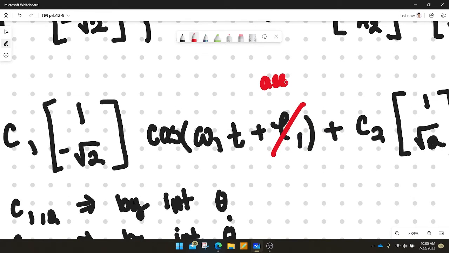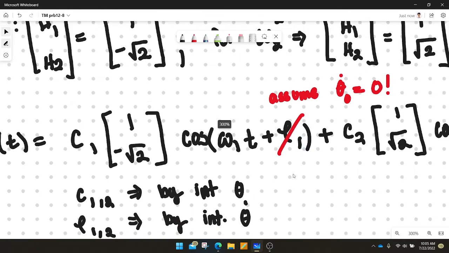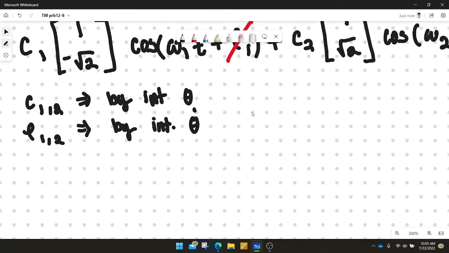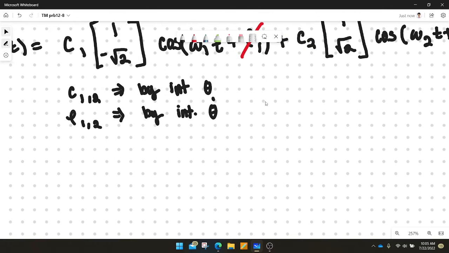Let's assume theta 1 dot is always 0, because that's what I based my simulation off of.